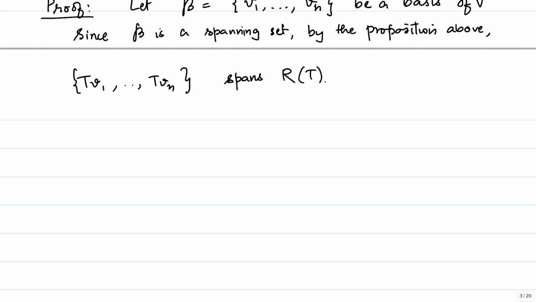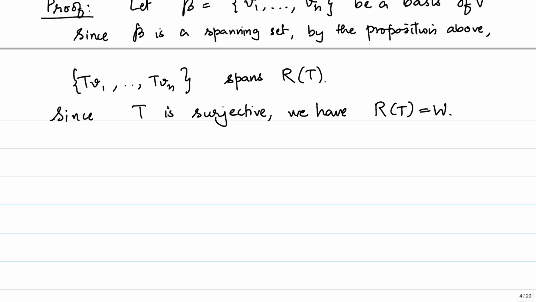It means that the range of T is equal to W. So, since T is surjective, R of T is equal to W. Now, R of T is equal to W means that TV1 to Tvn spans W.